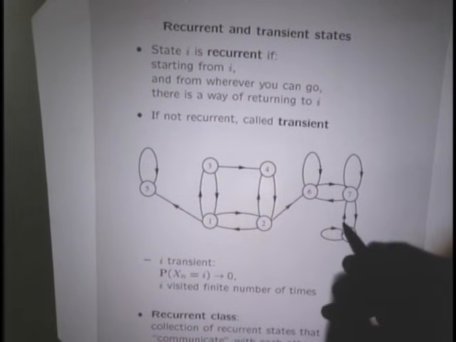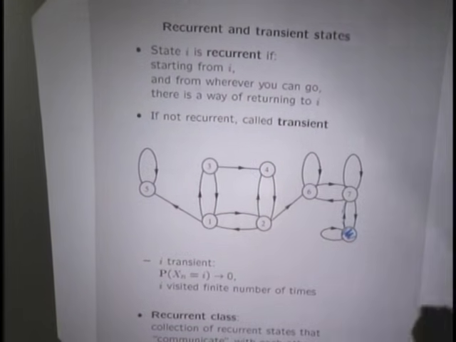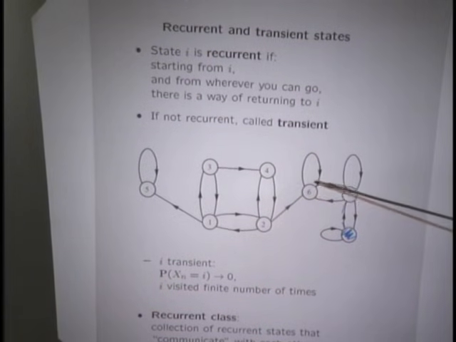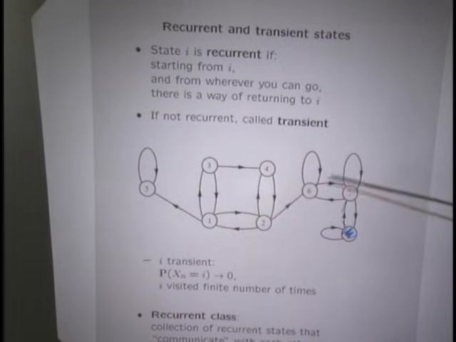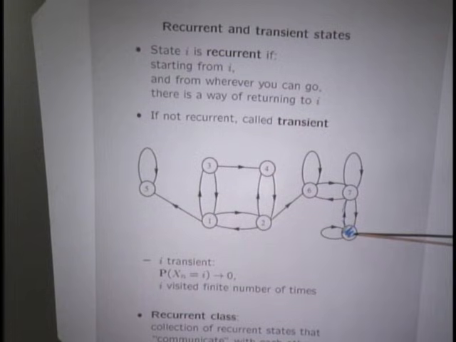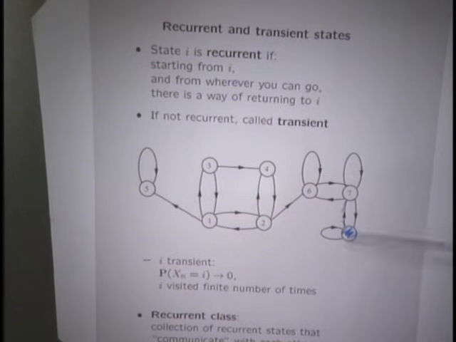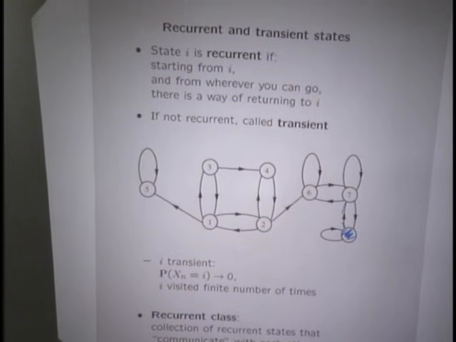Starting from here, you can go elsewhere. You can go to state 7. You can go to state 6. That's all where you can go to. But no matter where you go, there is a path that can take you back there. So no matter where you go, there is a chance and there is a way of returning where you started. Those states we call recurrent.